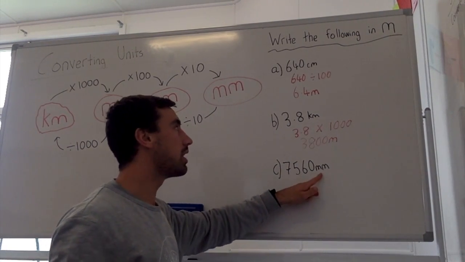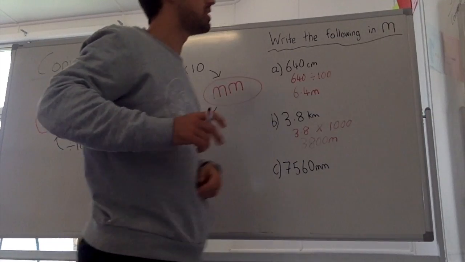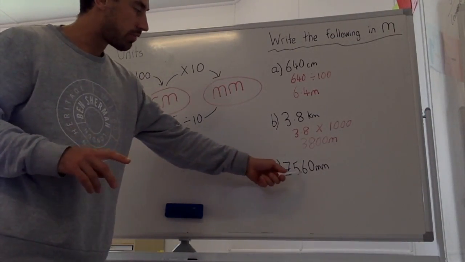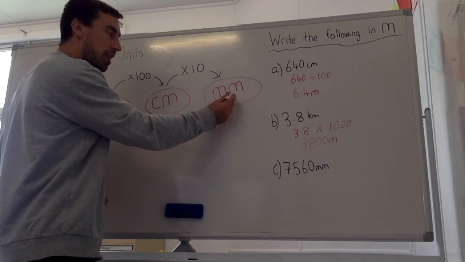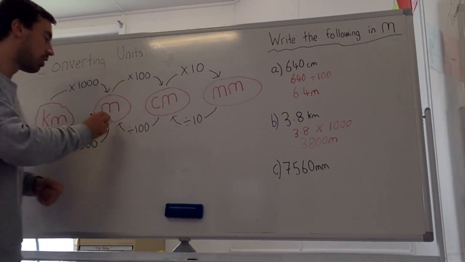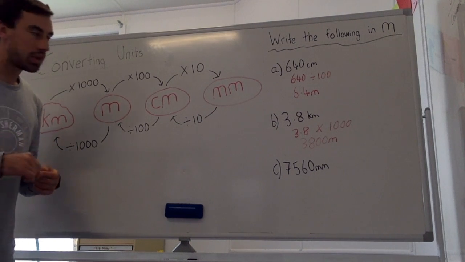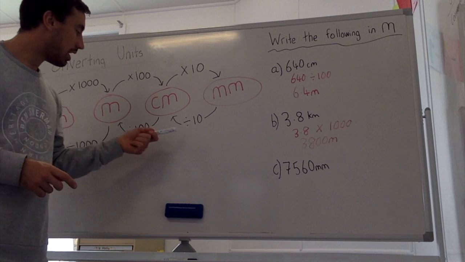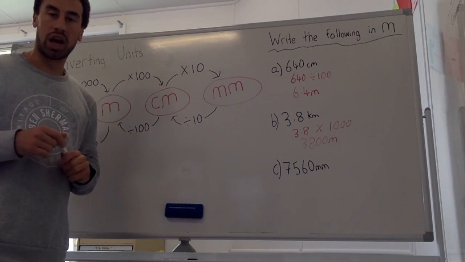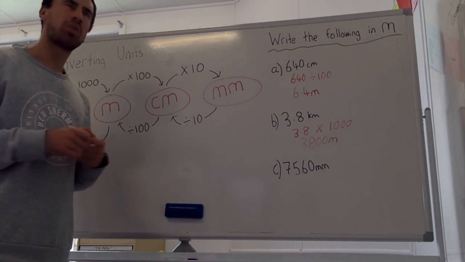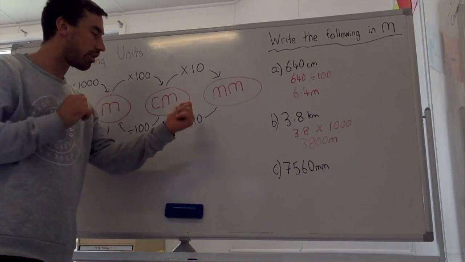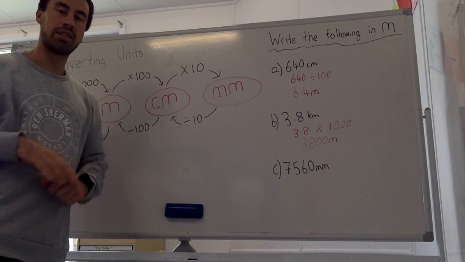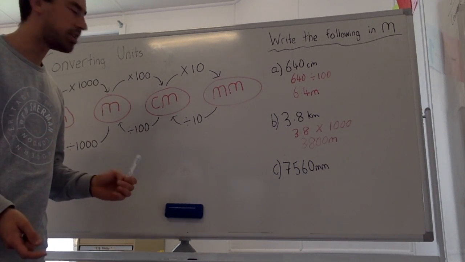Now, millimetres to metres is the last one we've got as our example. 7,560 millimetres into metres. So what we need to do here is first we divide it by 10, then we divide it by 100. What's an easier way to do that, do we think, instead of going by 10 then by 100? Exactly. I'm sure you said this at home.